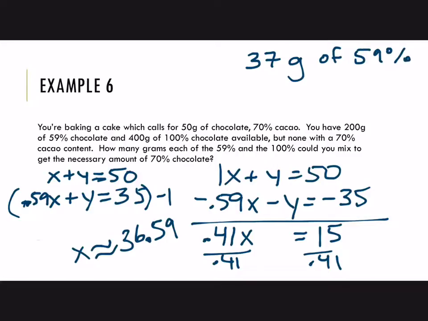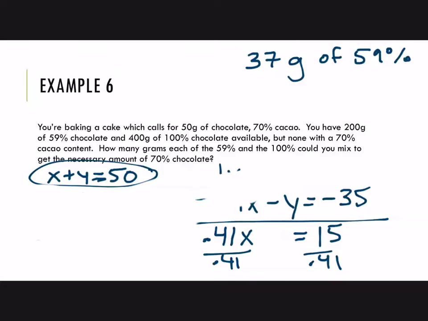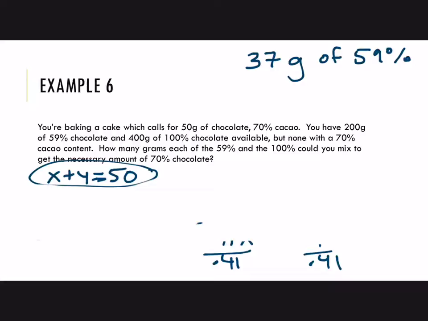Okay, and then which equation do I want to substitute this into to find y? Well, I think the first one's easy. I know that the sum of the two chocolates has to add up to 50. So if I substitute 37 in place of the x, then I basically just need to subtract 37 from 50 to find y, the grams of 100% chocolate.